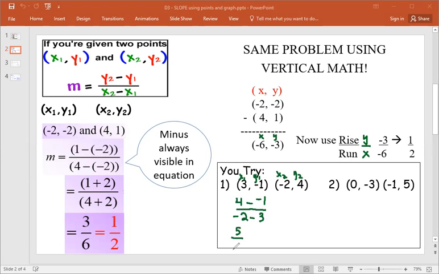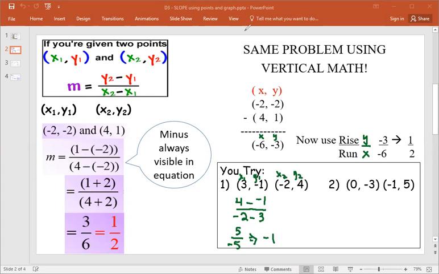Negative 2 minus 3 is negative 5. And 5 divided by negative 5 is negative 1. So it turns out this time that slope is negative 1. It's a whole number. Okay.